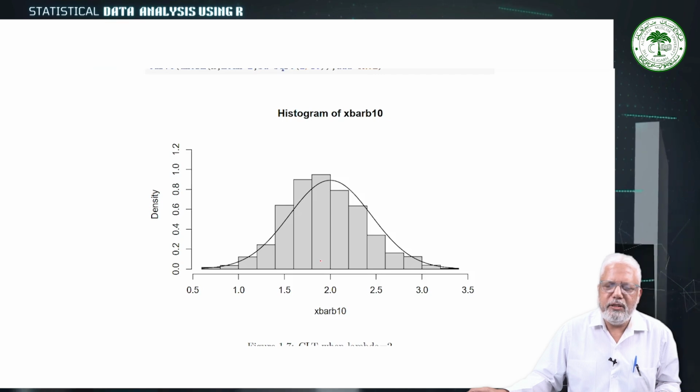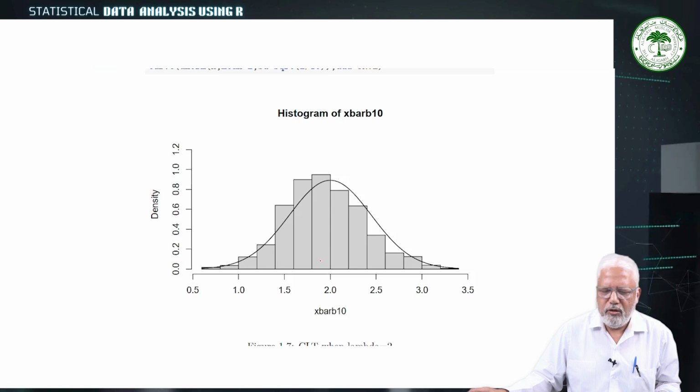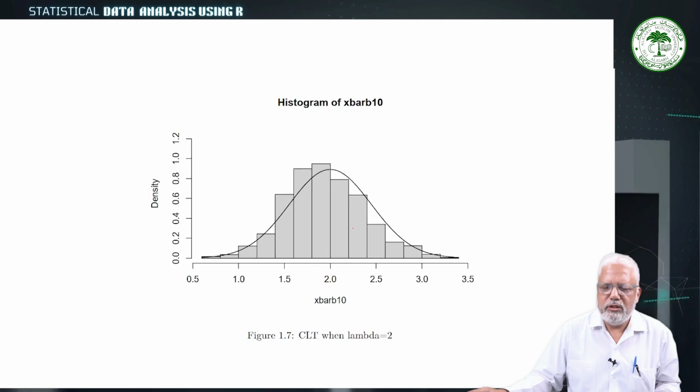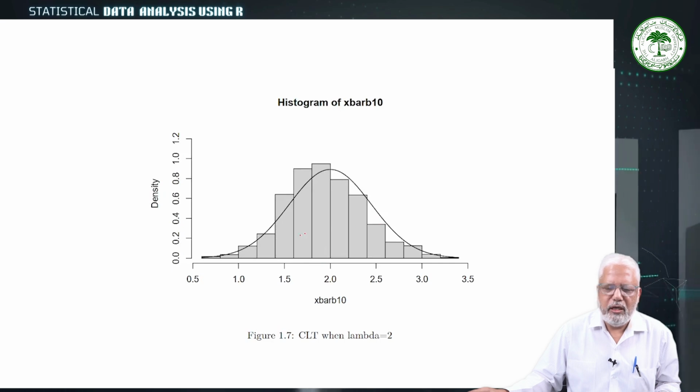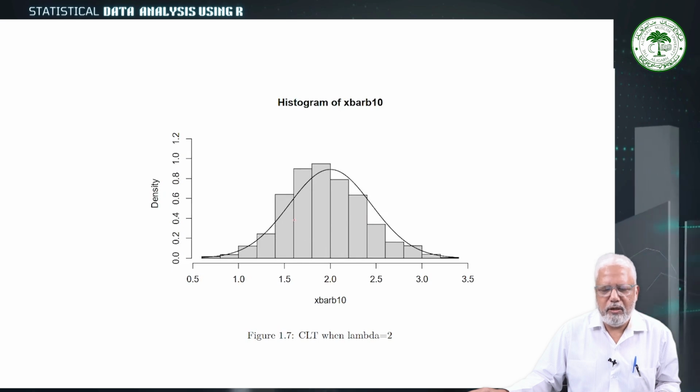So that means here the central limit theorem does not work well when lambda is smaller than 6, that is 2, because this is a right skewed distribution and it is not matching with the normal distribution.